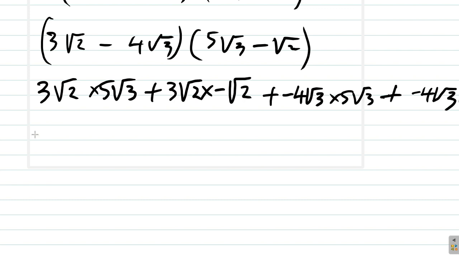So 3 times 5 times square root of 2 times square root of 3. Plus this one now. You have a negative sign here, so this is going to be minus. But let's write it as plus for now.